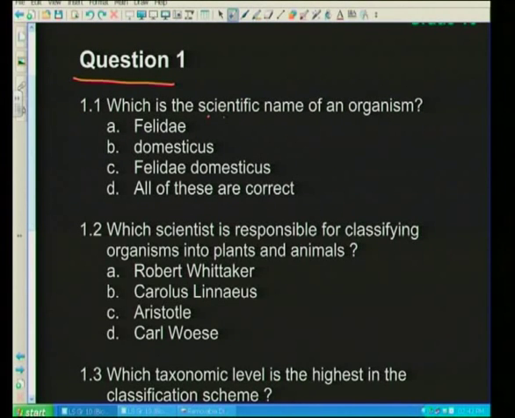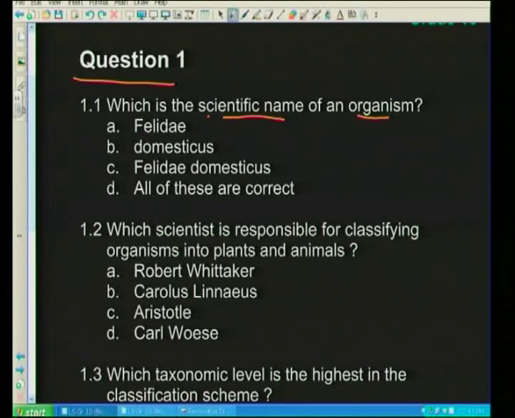Which is the scientific name of an organism? Remember, to get a scientific name, it has to satisfy the 2 naming system. It must have a genus and it must have a species name. The genus in a capital and the species in a small letter. This brings us to look at this. The first alternative cannot be correct because it just has one name in a capital letter.